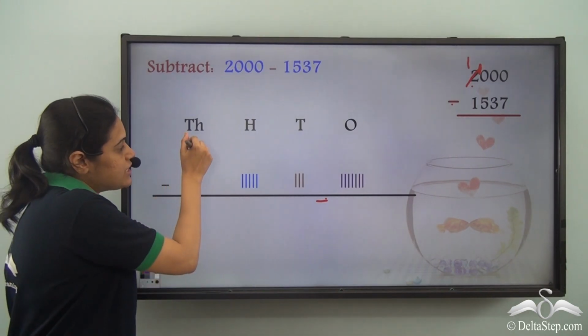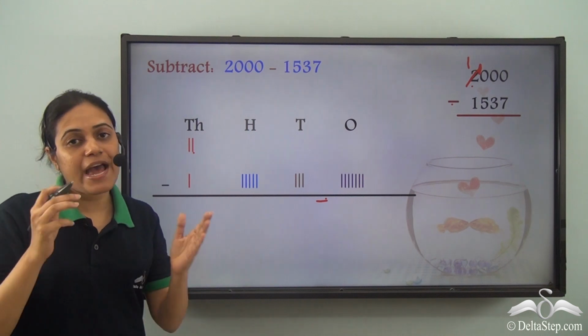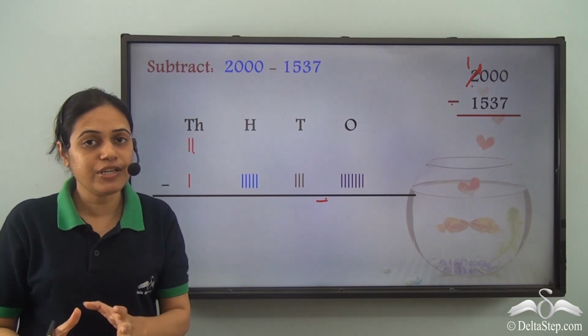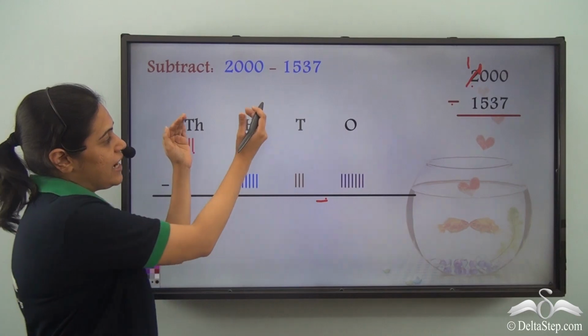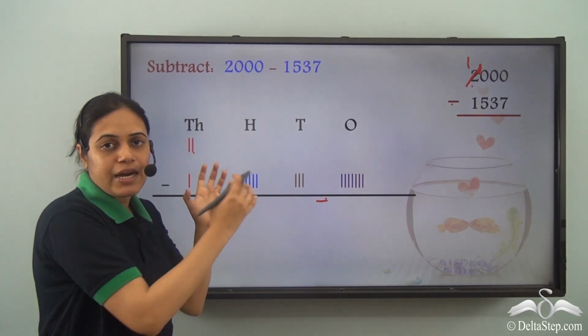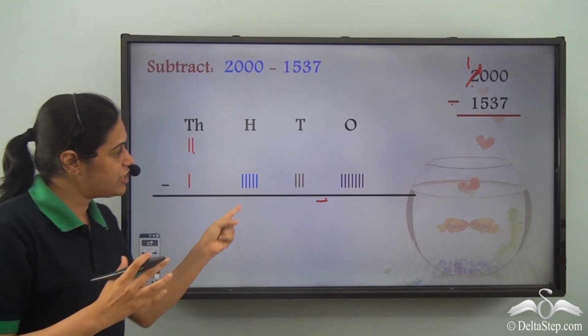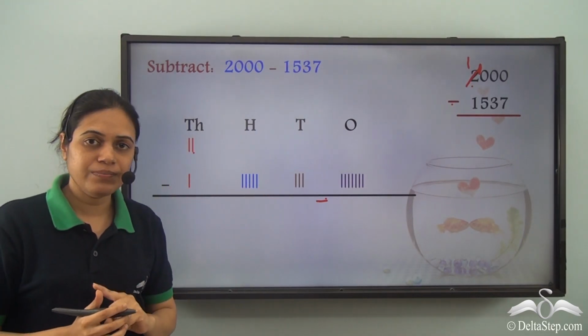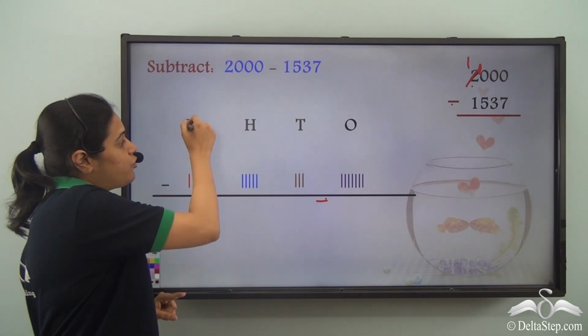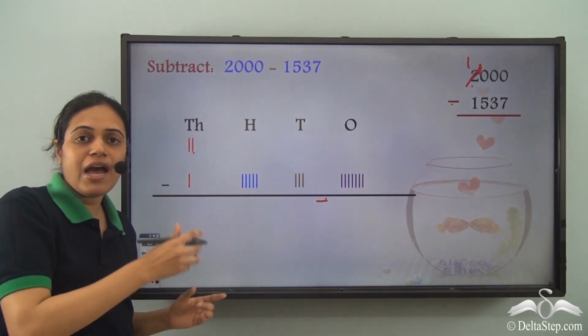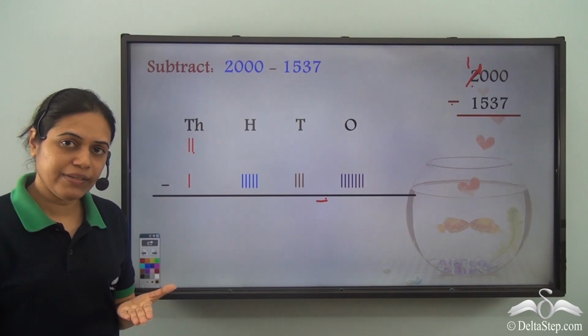Now this 1 of the thousands place actually represents 10 hundreds, because when I have 10 of something, they come together as a group and shift to the left and become 1. But if I have to bring this 1 back here, I have to break it down into 10.